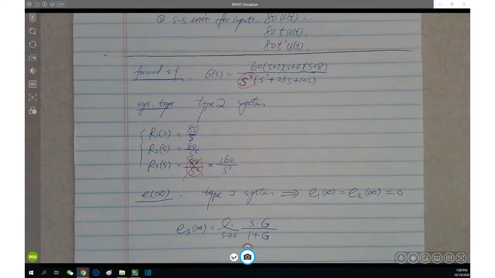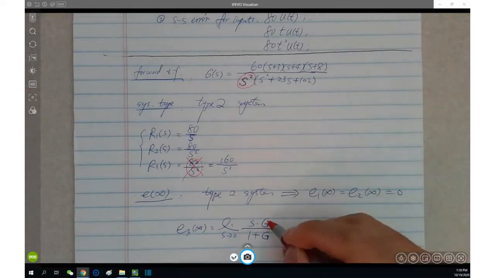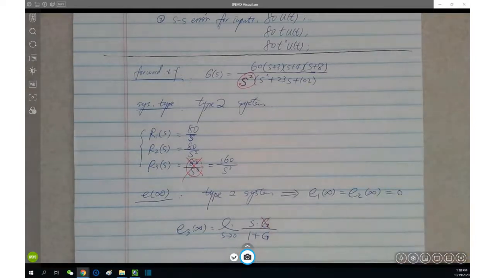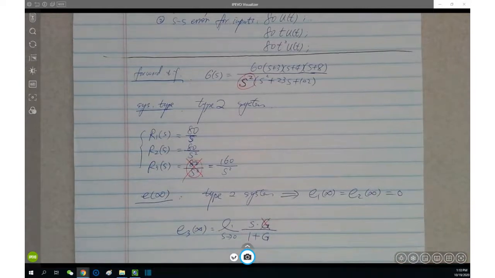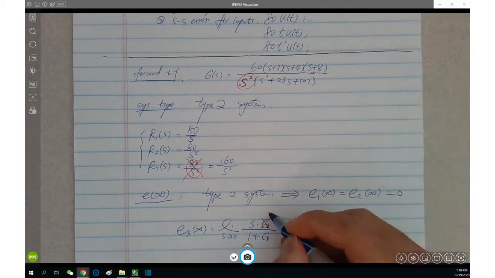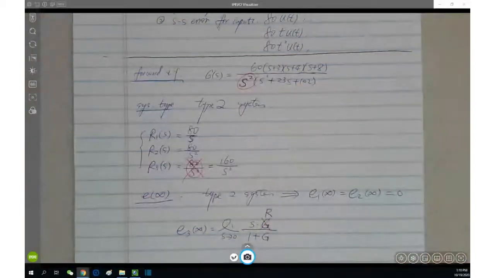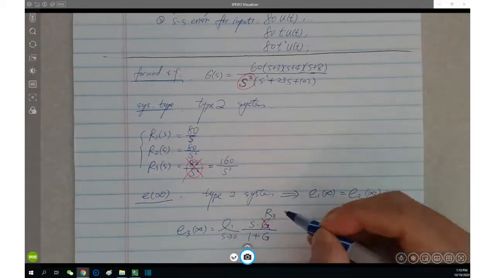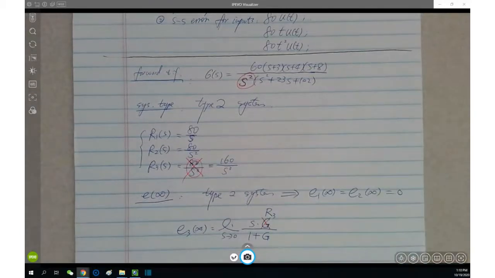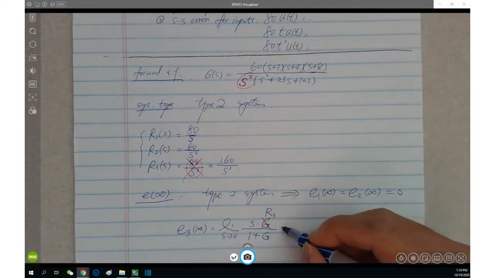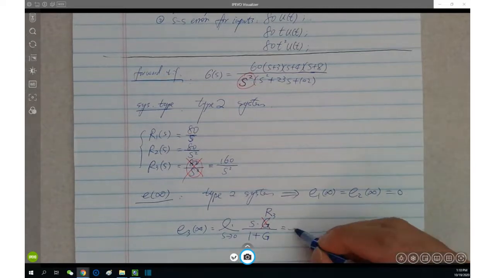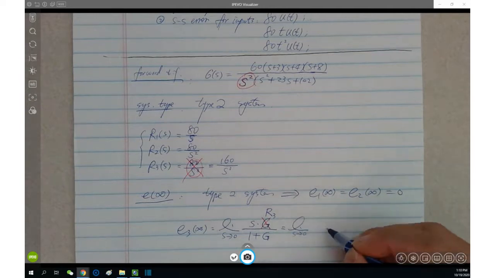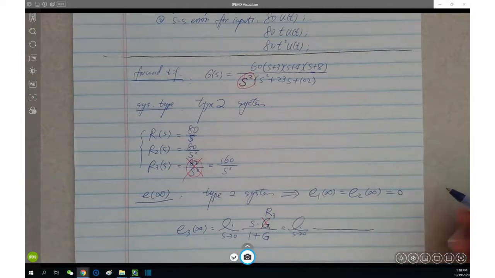Now how to make it right? R, right? Exactly. That's R3. Good. Therefore, what do we have?